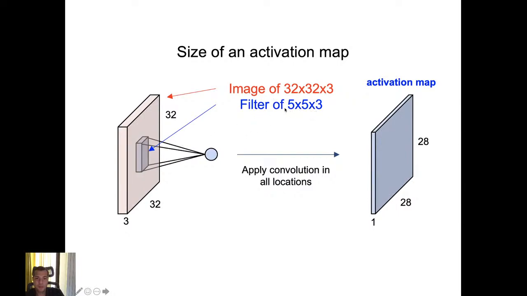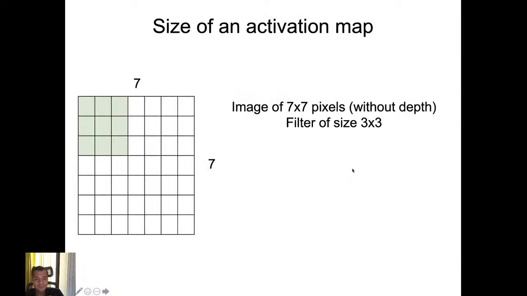If we apply this filter on every location, as shown in the previous slides, on these input activation maps, we will soon figure out that we can apply the filters in only 28 locations.